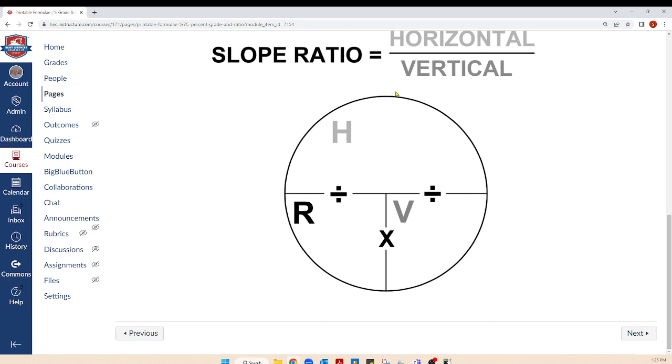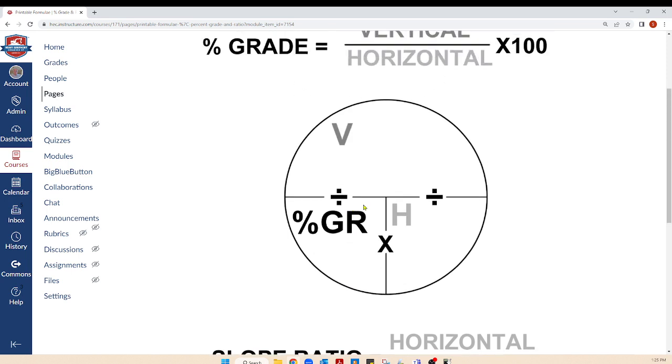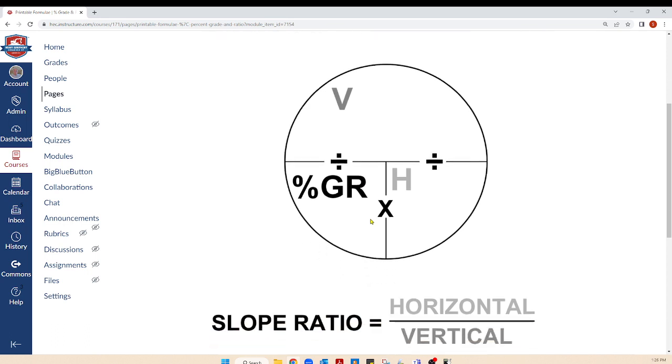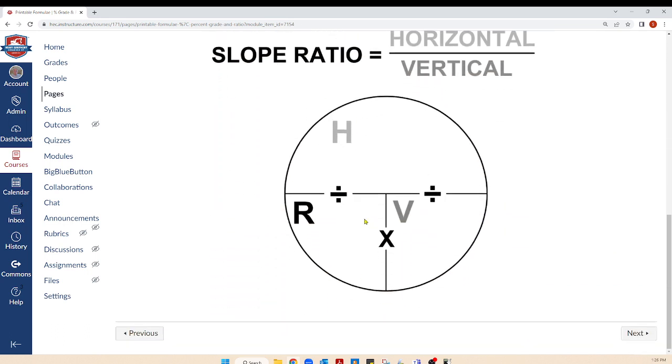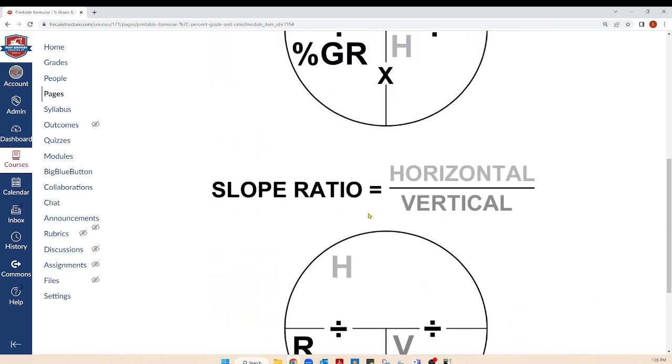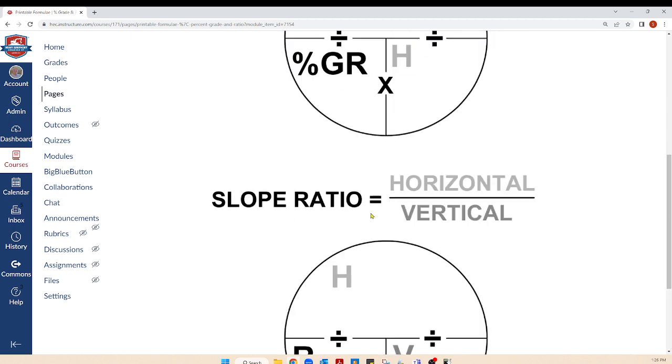And the slope ratio, no matter what the situation is, as long as you know at least two of these three variables, the horizontal, the vertical, or the percent grade, if you know two of them, you can find the other one using this little guy right here.